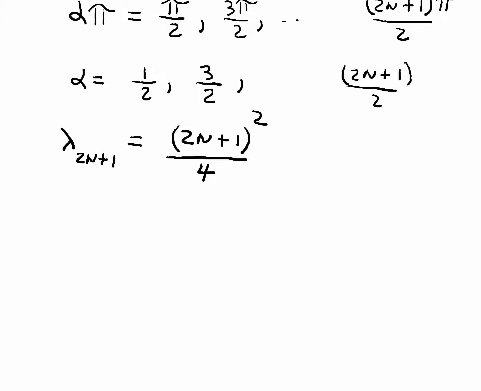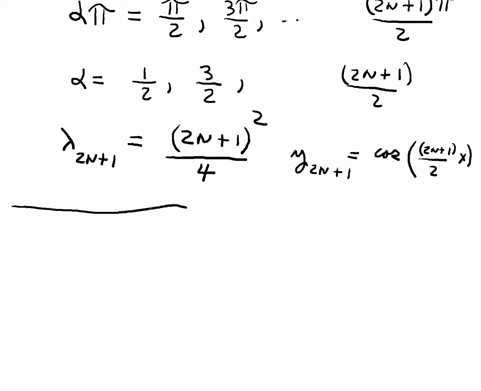So then our 2n plus first eigenfunction is going to be the cosine of (2n plus 1) divided by 2 x.